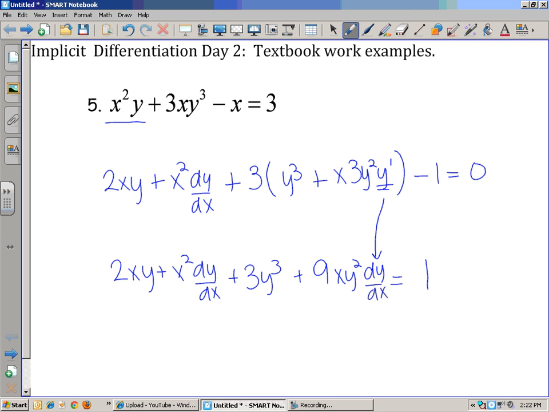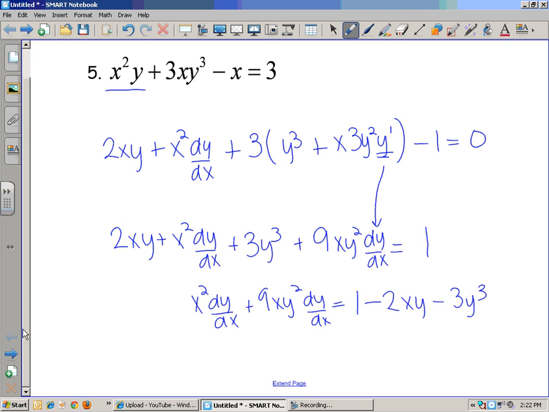Okay, so now I'm going to keep the dy dx terms on this side. Okay. And derivative of the first times the second. I'm just going to talk myself through it again.